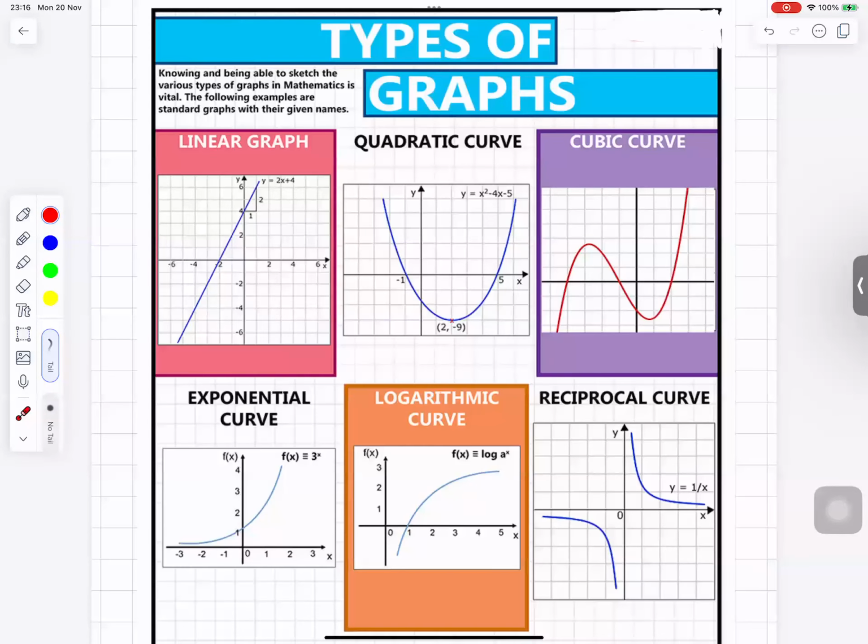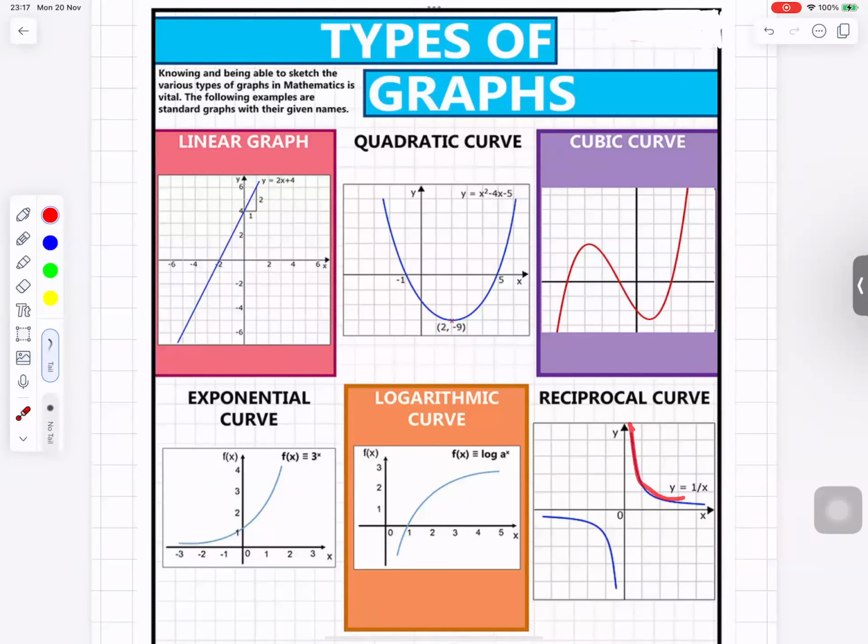So these are the different types of graphs you come across in GCSE, and they have names for them. This one is a straight line. It's called linear graphs. This one is a U shape. It's called quadratic graphs. This one, the wiggly one, cubic graphs. This one is going up very fast. It's called exponential. This one also is moving fast, logarithmic graphs.